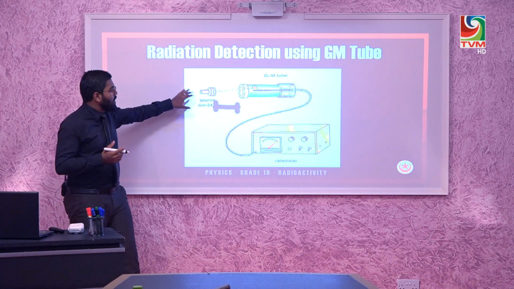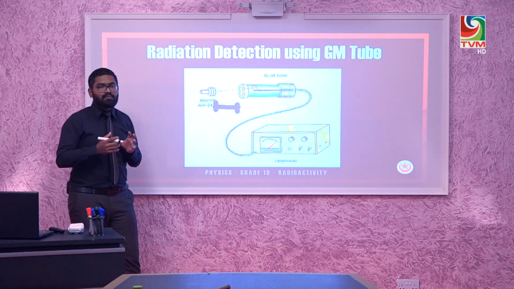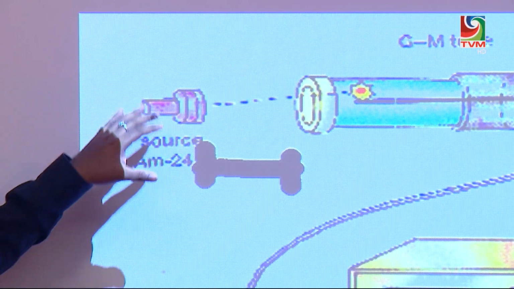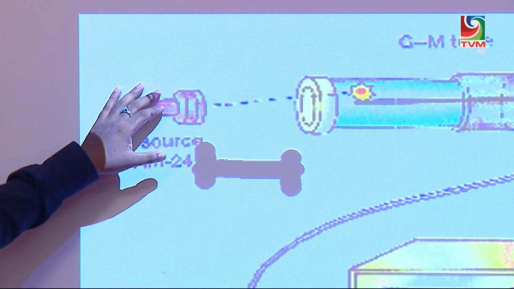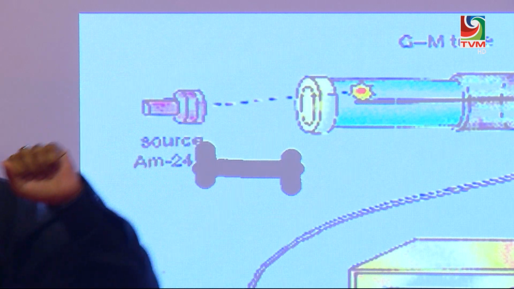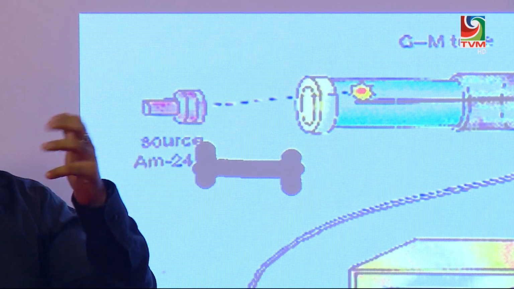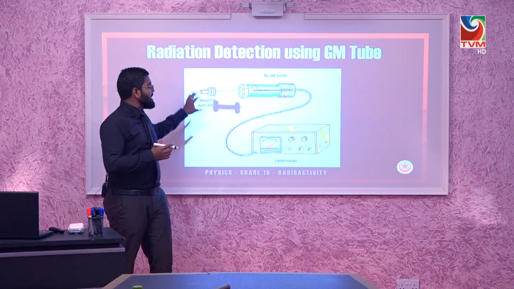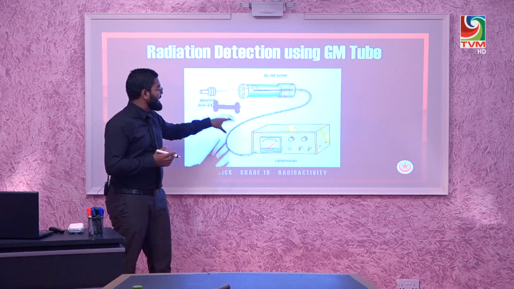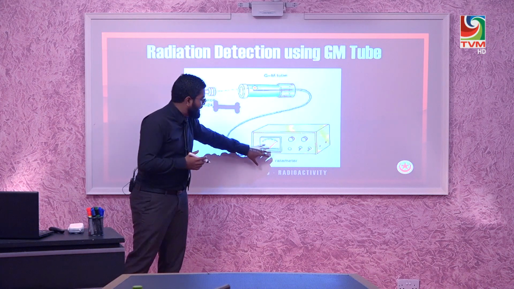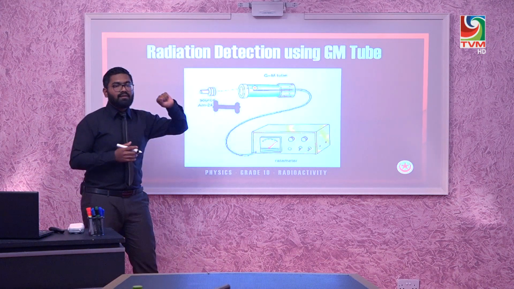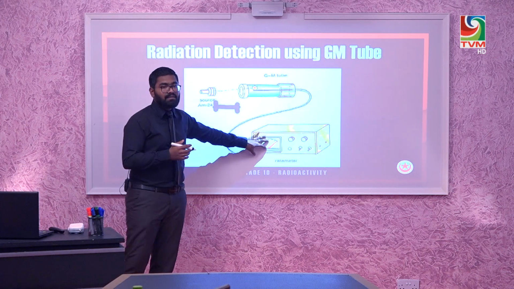For that reason, we need to place it as close as possible, so that we are assured that if alpha is emitted, all of the alpha gets into the GM tube. Even if alpha, beta or gamma is there, if it is radioactive, it will be ionizing in the GM tube, and we are going to get a value at the rate meter.